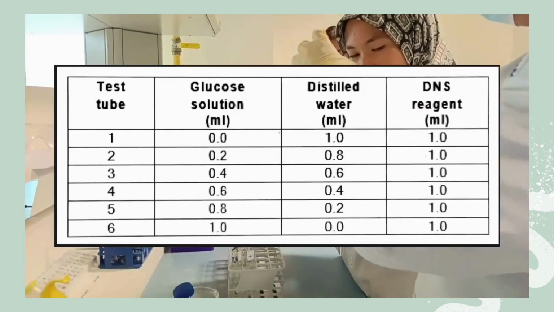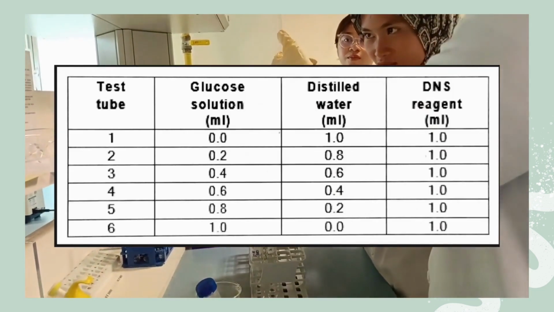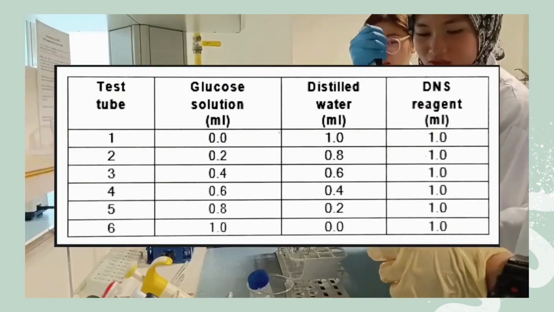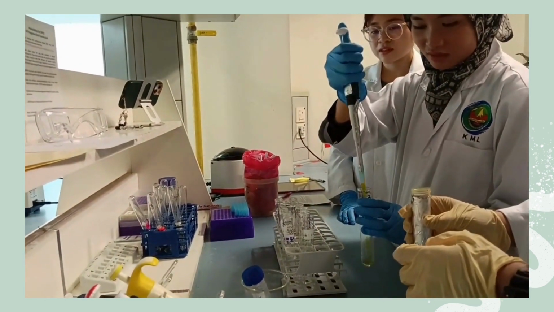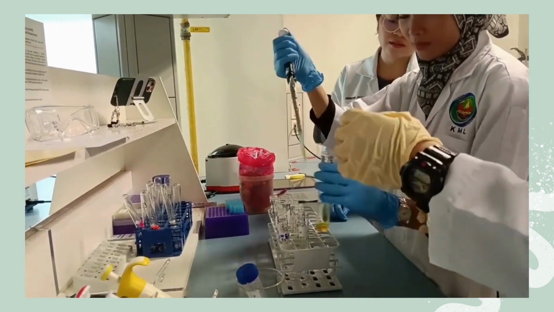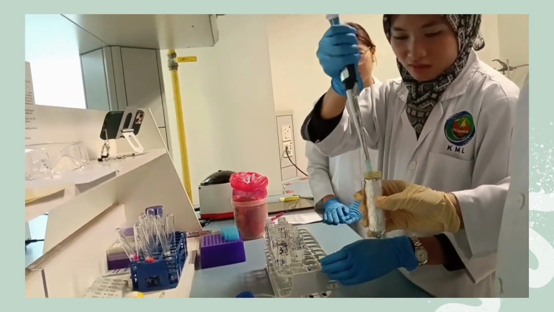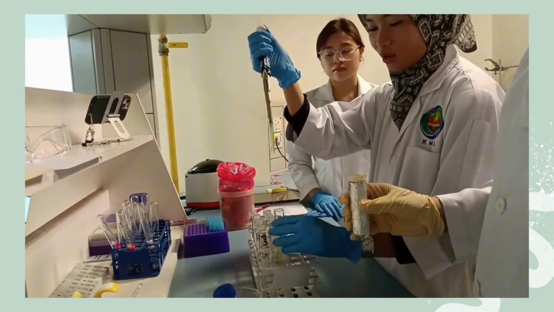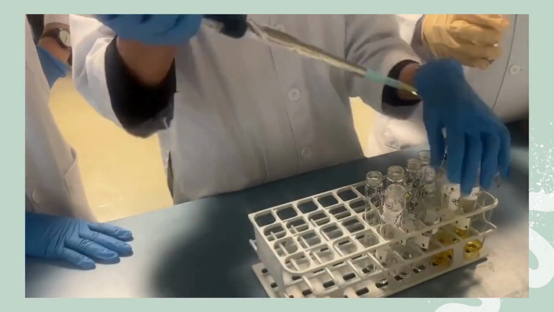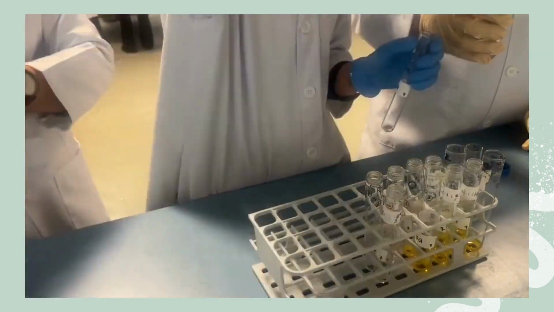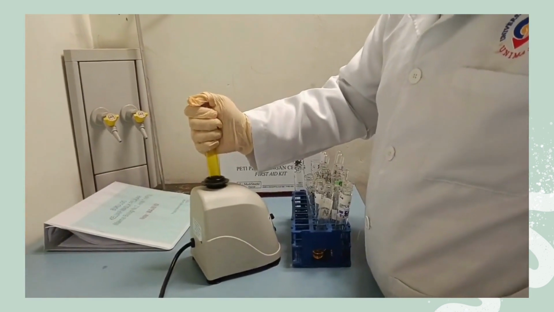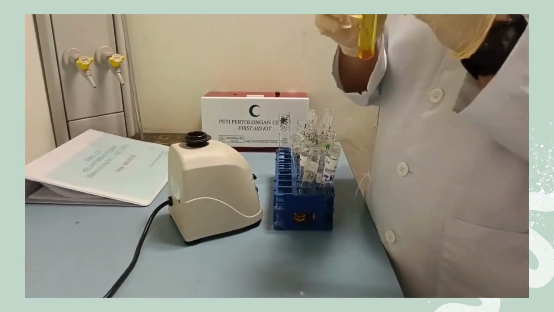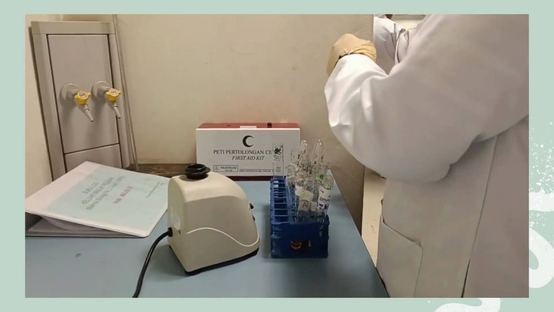After that, 1 ml of DNS reagent was added to all of the test tubes. After all of the test tubes were filled with the solutions, they were shaken well using a vortex mixer.